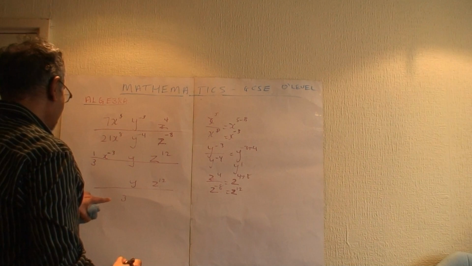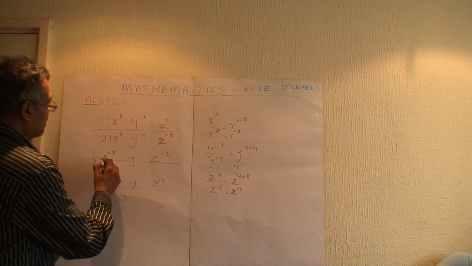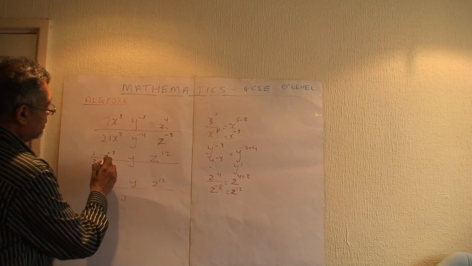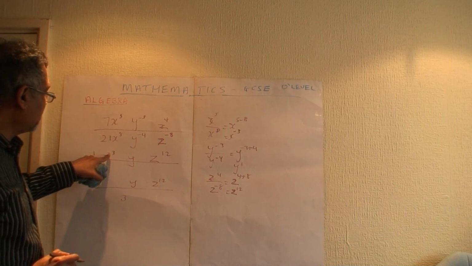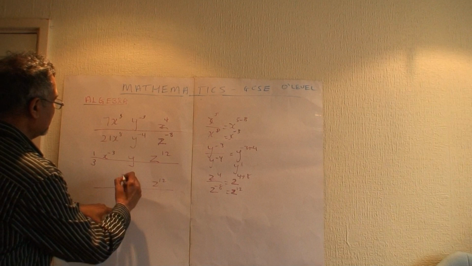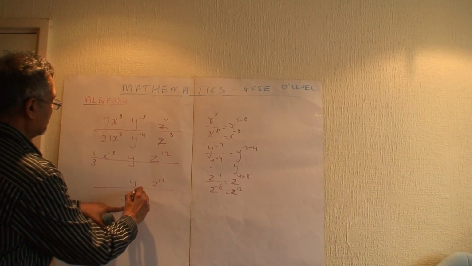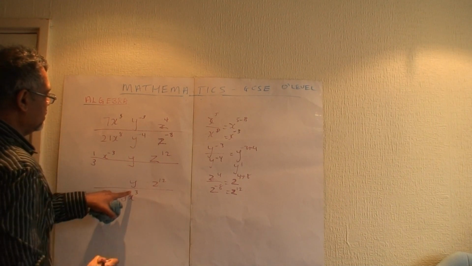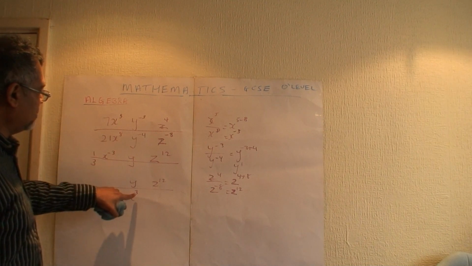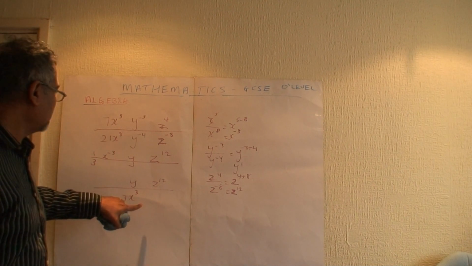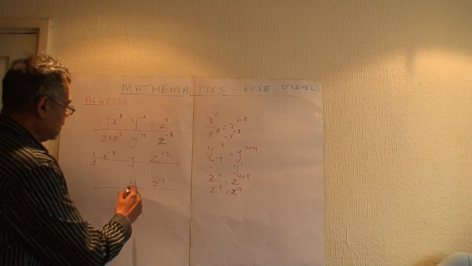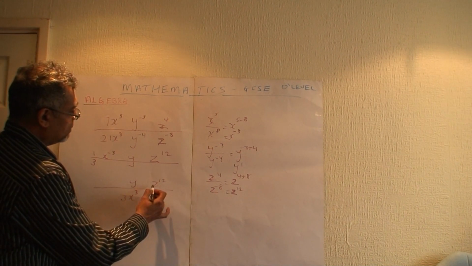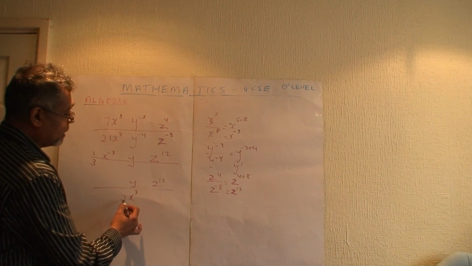But when this x comes below, it loses the negative, the power becomes positive. So you bring down the x, and it becomes x cubed. So the final answer is y multiplied by z to the 12th power divided by 3x cubed.